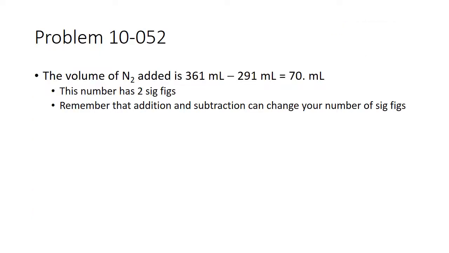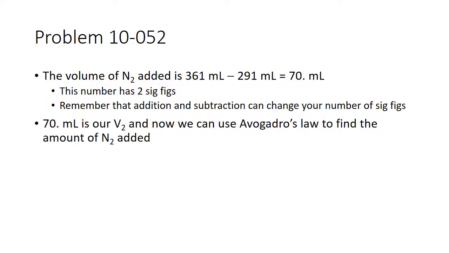The volume we will use is our total volume minus the amount of carbon dioxide, in this case 70 milliliters. The number does have two significant figures. Addition and subtraction will change. We're going to carry extra digits and then round at the very end. There is our V2, 70 milliliters.